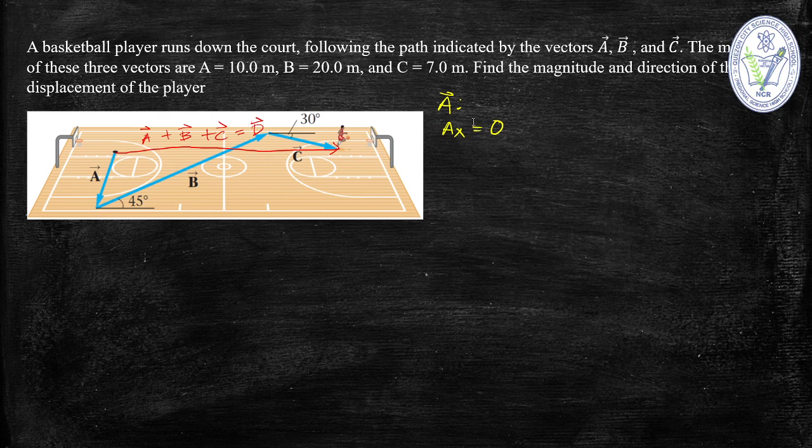Based on the image, vector A has 0 AX, because the image only shows us that vector A is going down.